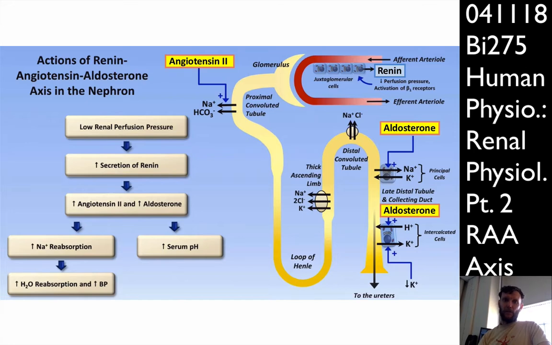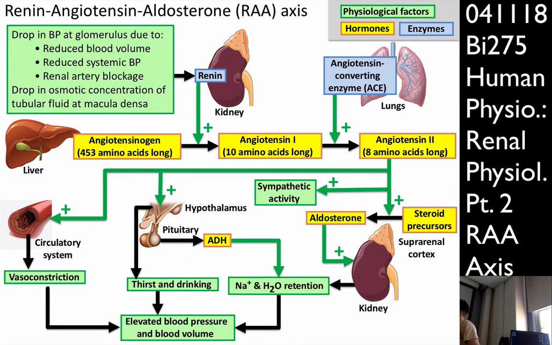I couldn't fit that all in one diagram. So here is a look now at, let me go back, we're going to unpack the ADH and aldosterone effect on the kidney. We're going to look at this more closely and see how it actually affects sodium and water retention.